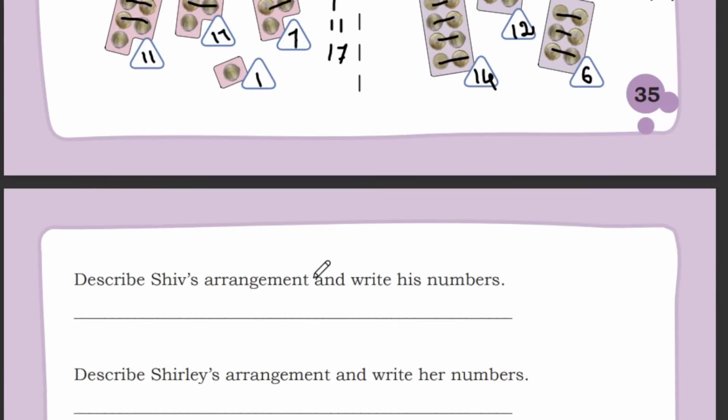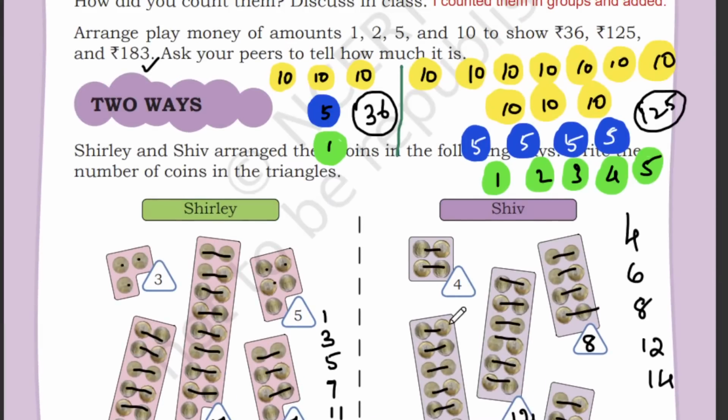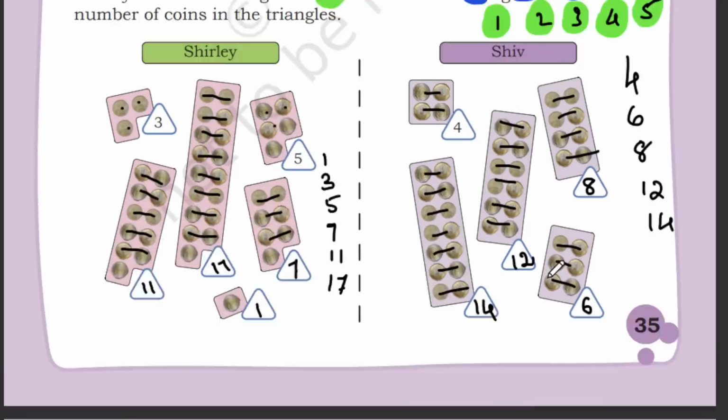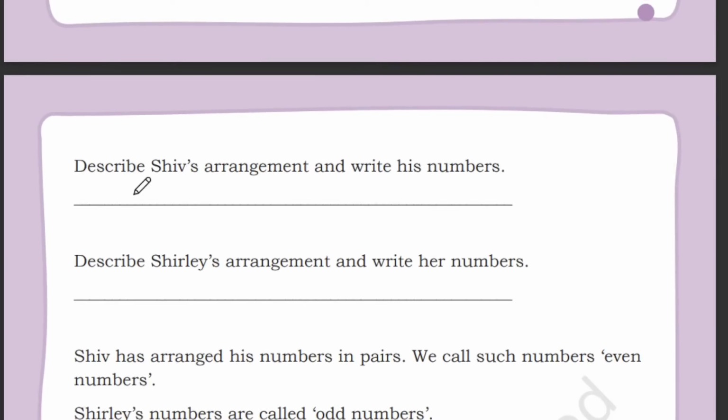So describe Shiv's arrangement and write his numbers. He arranged his coins in pairs. So he arranged all the coins in pairs. You see, everything is in pairs. So you can write his coins are in pairs of 2.